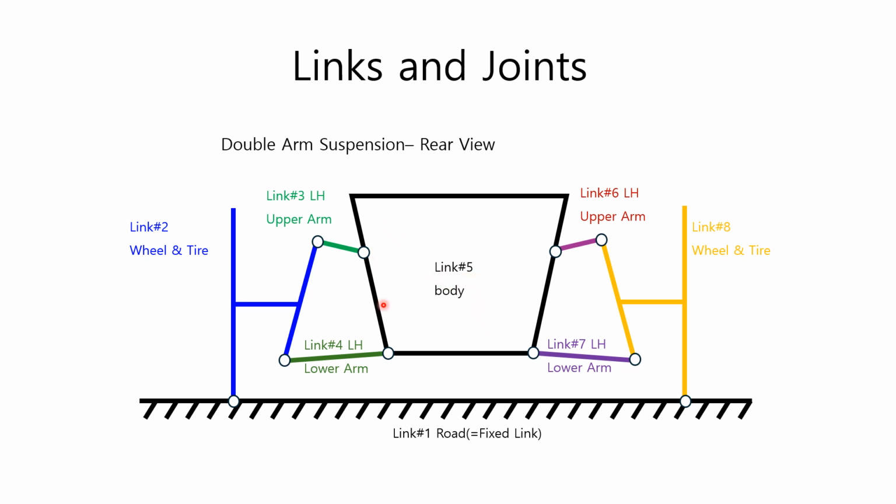The left unsprung mass is link 2, and the right unsprung mass is link 8. Next, there are the links of the hybrid mass. The left upper arm is link 3, and the left lower arm is link 4. Next, the right upper arm is link 6, and the right lower arm is link 7. As shown, a vehicle with double A-arm suspension has 8 links.